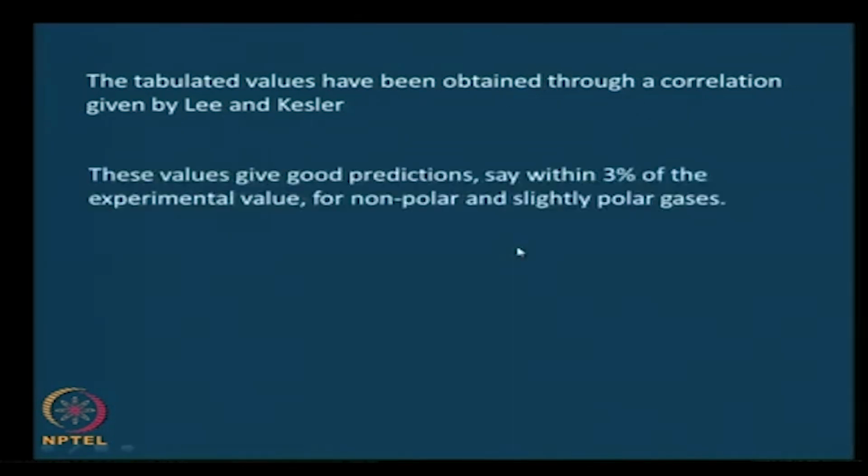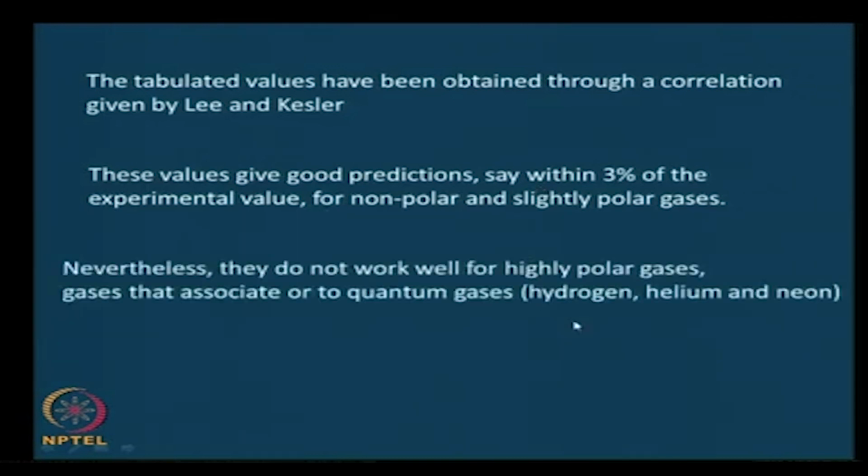The tabulated values were calculated by a correlation given by Lee and Kessler, and these values give very good predictions, within about 3% of the very carefully measured experimental values, but for non-polar and slightly polar gases. Therefore, we have generalized this, but not completely. These gases are fine, but not the others.